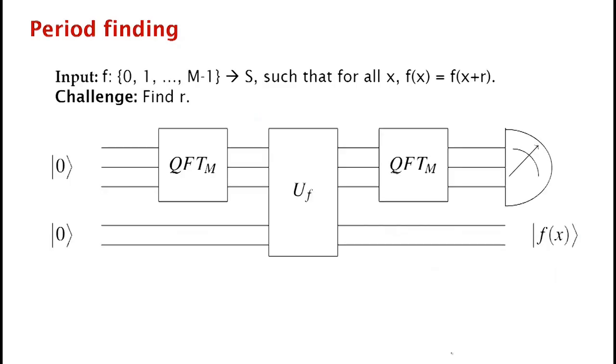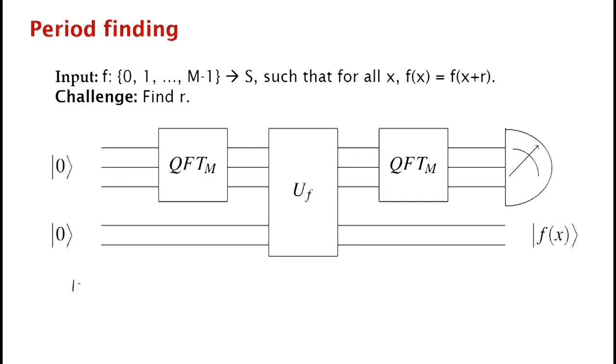Well, here's the quantum circuit for implementing period finding. It looks very much like the quantum circuit for Simon's algorithm. You start with your inputs all zeros. You first do a quantum Fourier transform sub m. What does this give you?